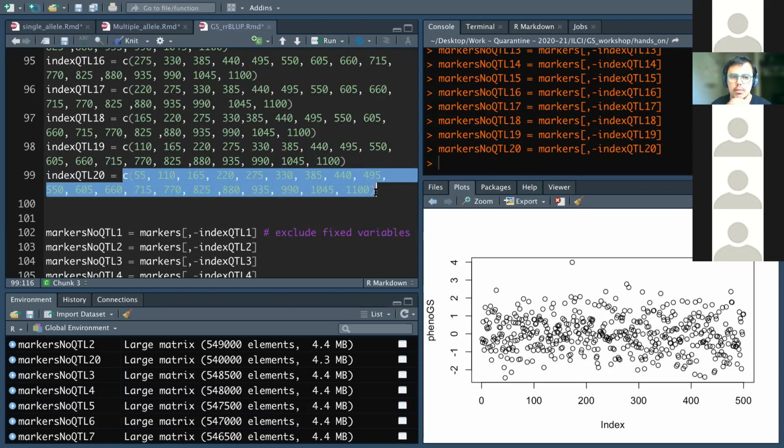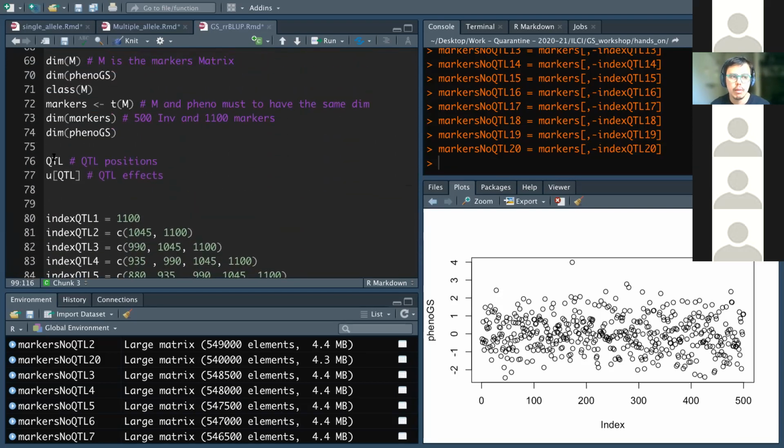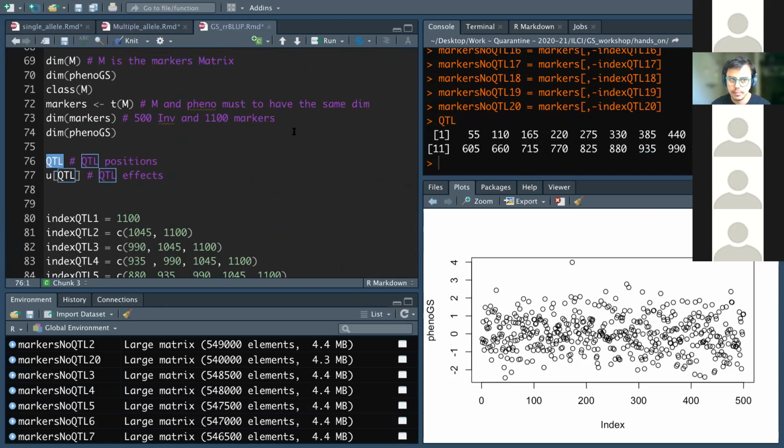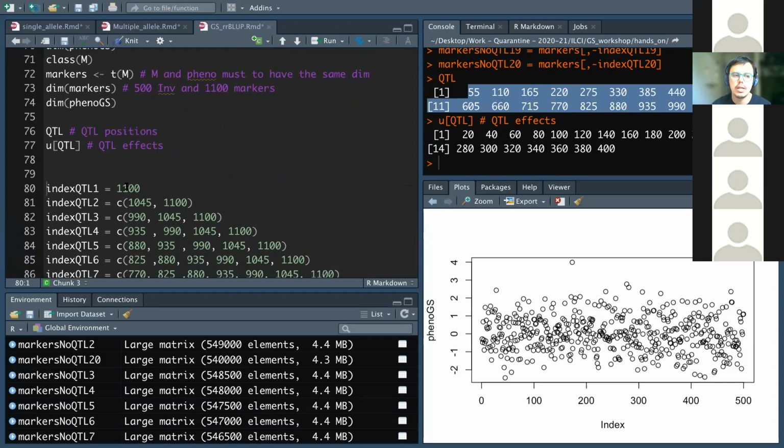My question is about these values, yes. Those are the QTL positions. Remember that we have 20 QTLs with those effects, and those are the physical positions of the QTLs. So what we're going to do here is that the index QTL1 only has the physical position of this QTL here, and that QTL has an effect of 400.